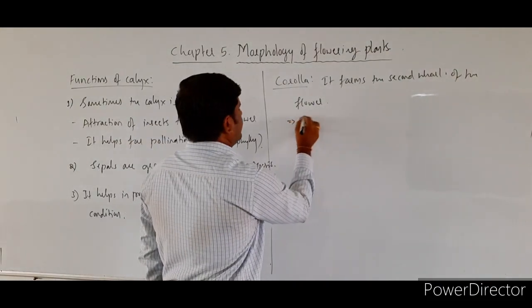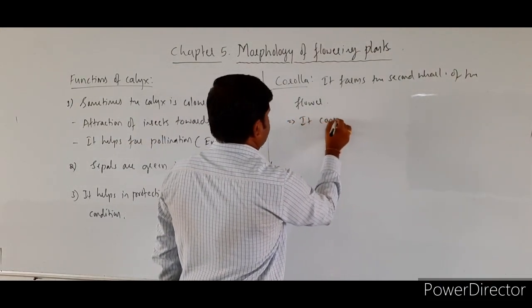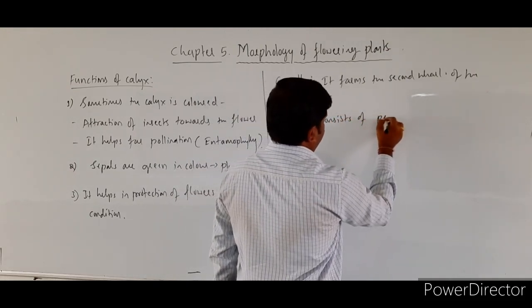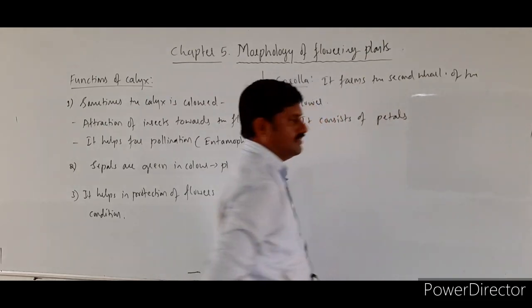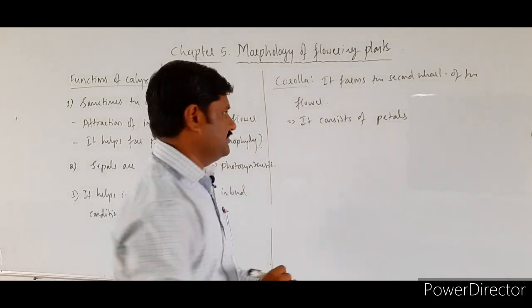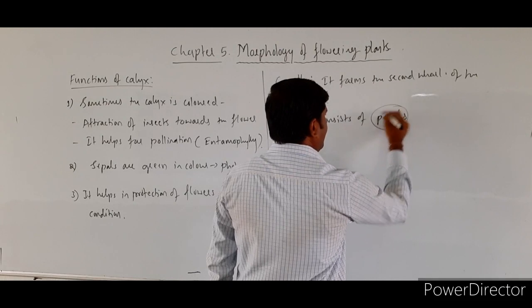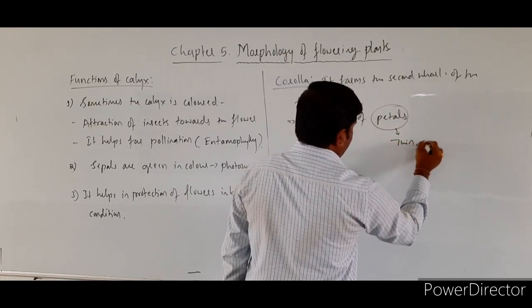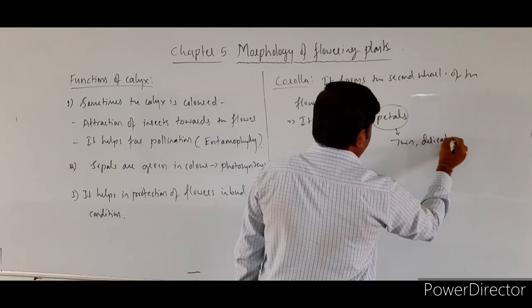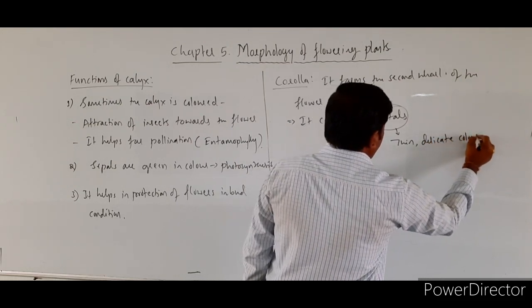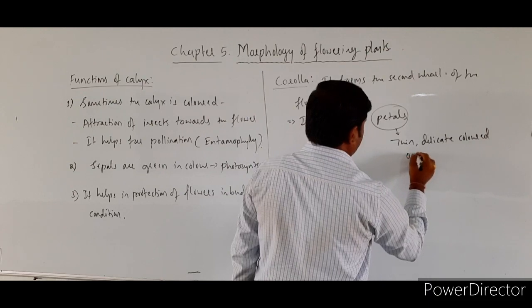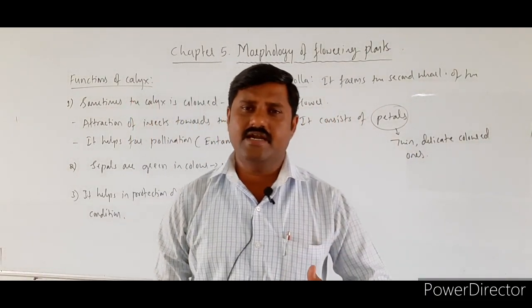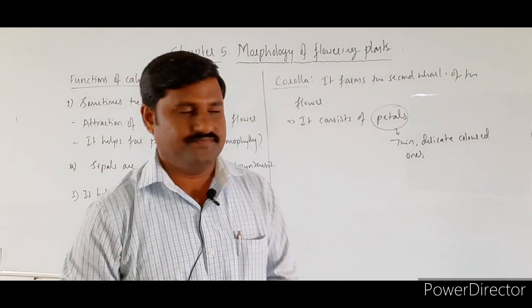And it consists of petals. So it consists of petals, and these petals are thin, delicate, colored ones. They are very thin, very delicate and they are colored, right?